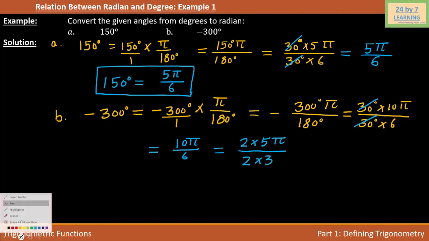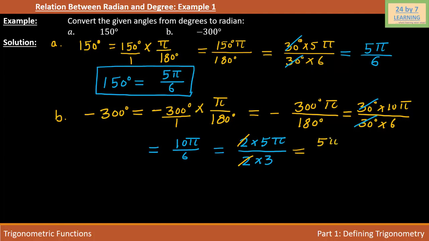As you can see, I have a common factor of 2, so I'm going to cancel 2 from the numerator and denominator. The only thing left in the numerator is 5 pi, and the denominator has only 3 left, so I will write 5 pi over 3. And as you can see, I have the angle as negative 300, so I need to continue this negative all the way across.